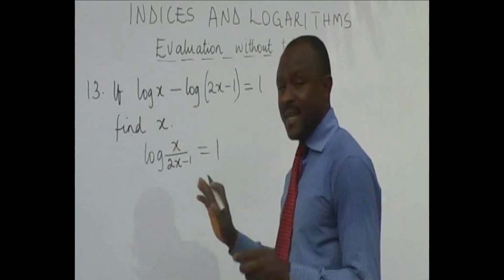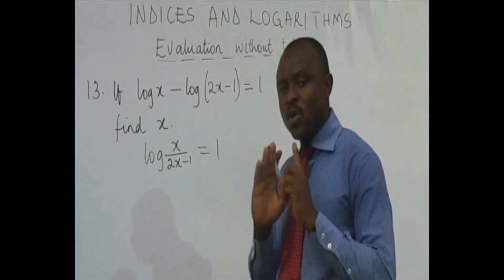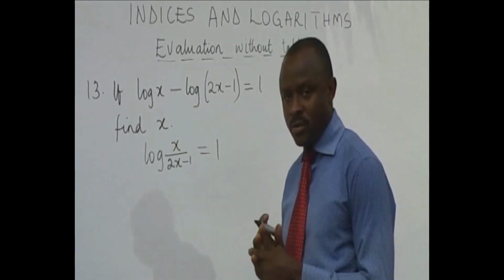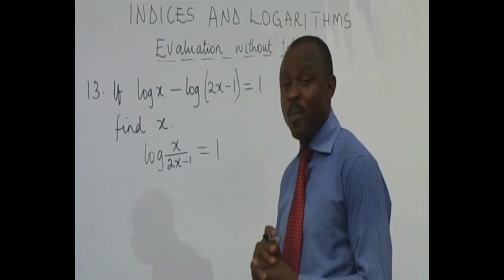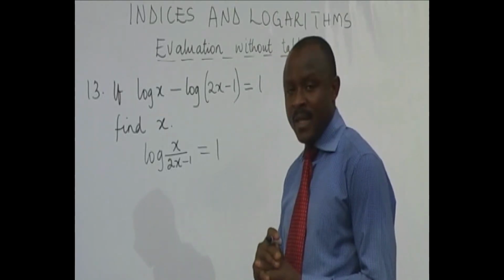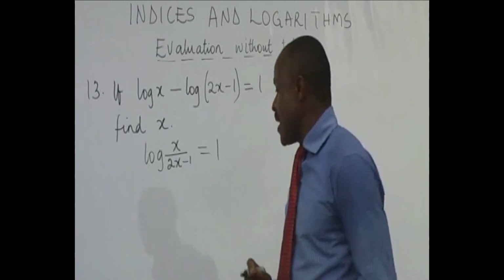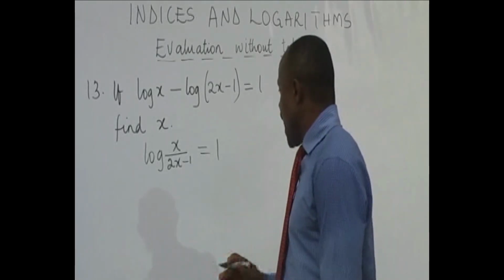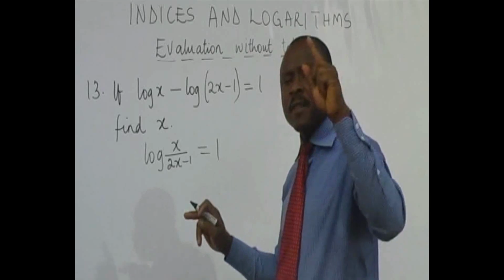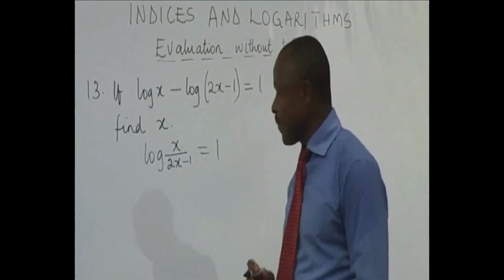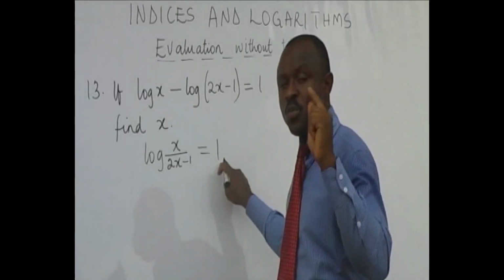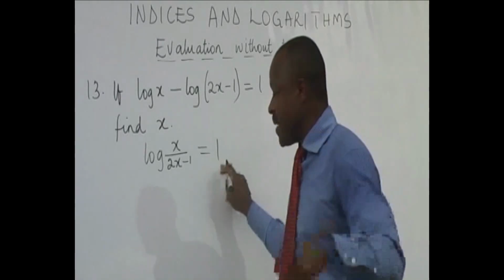In this case, there is no base attached to the logs, which means they are on base 10. That tells you that 1 means log of 10 to base 10. So I'm changing 1 to become log of 10 to base 10.